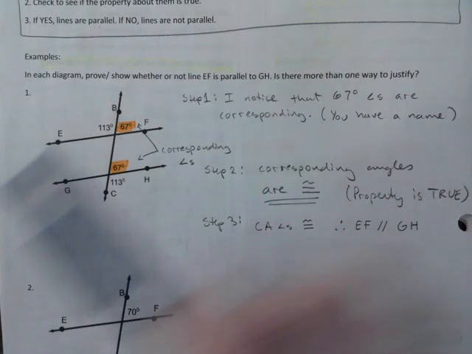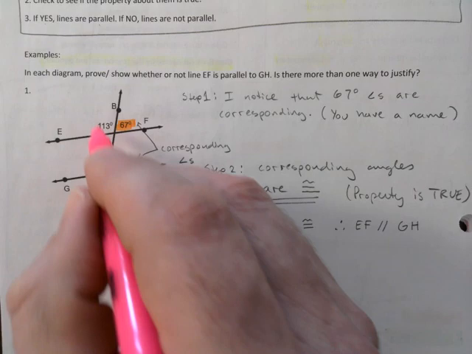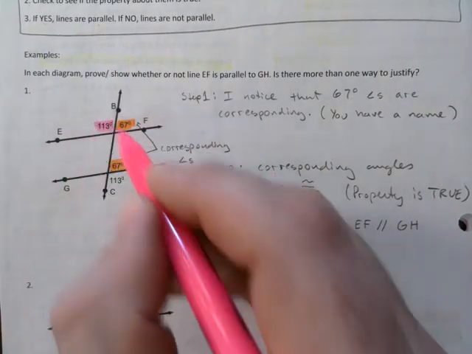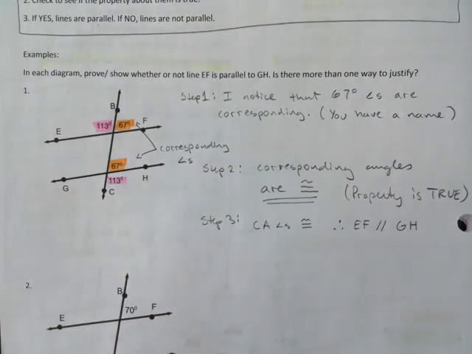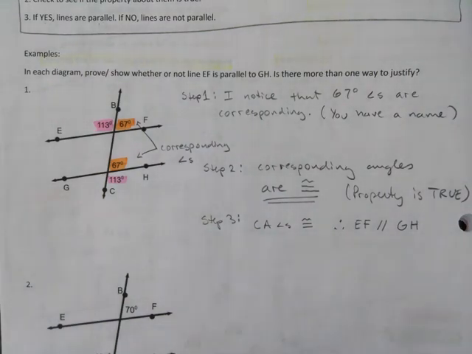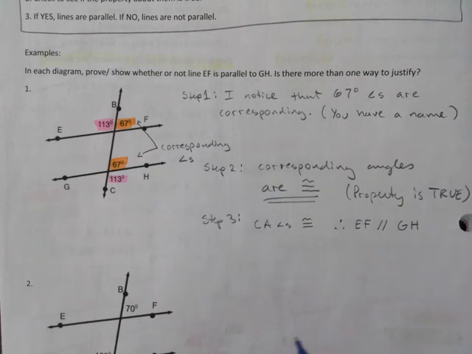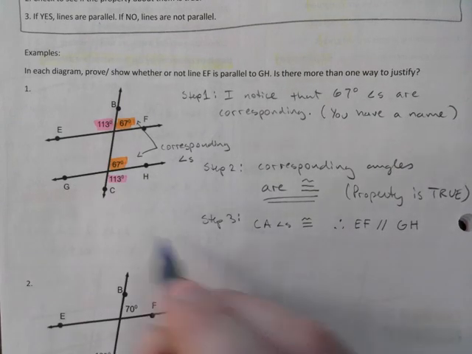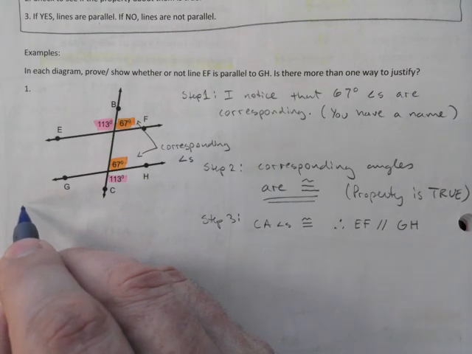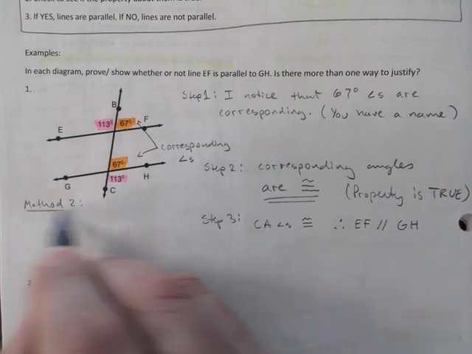Is there a different way to show that? What about these two? Do I have a name for these two? They're alternate something. Alternate exterior, and they're also congruent. So perfect. I'll just say over here, method 2, and I'm going to do this faster.